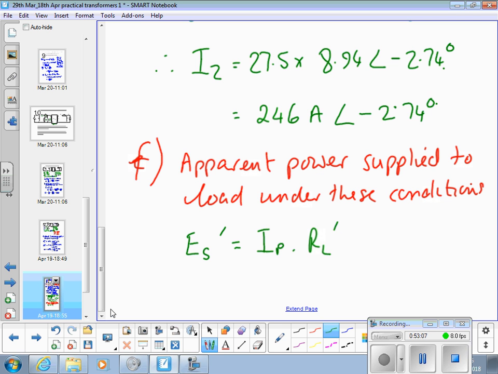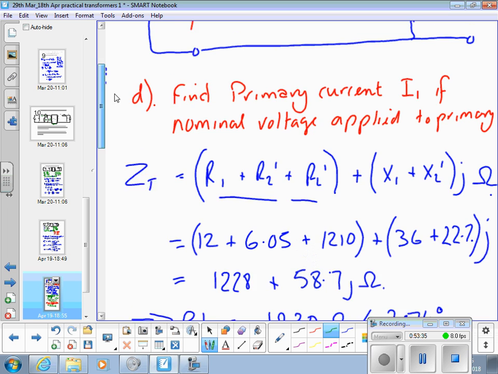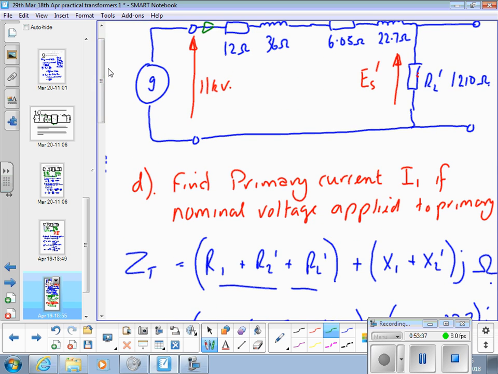Yeah. We've still got everything on that side of the transformer at the moment. So the primary current is 8.94, angle minus 2.74 degrees. Going to multiply that by RL dash, which was 1210.